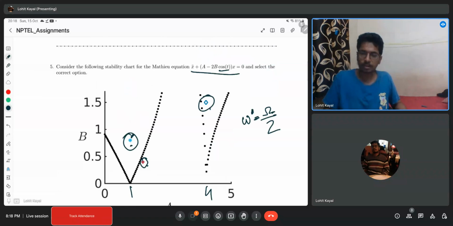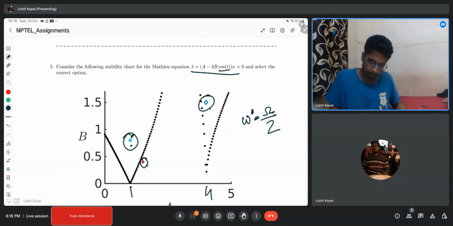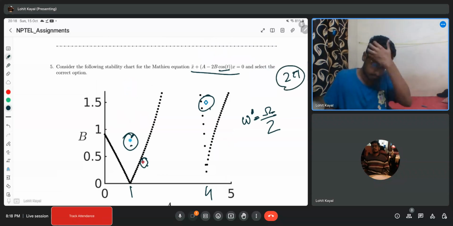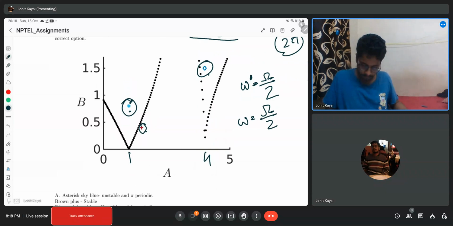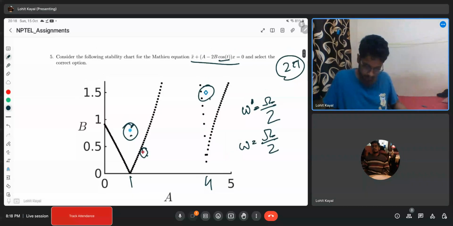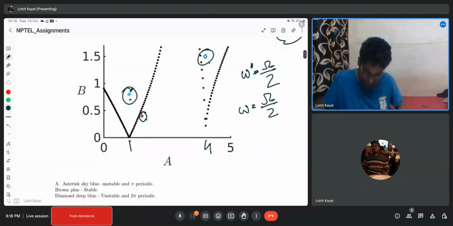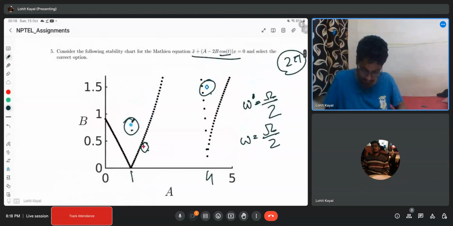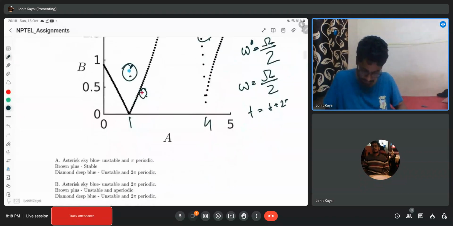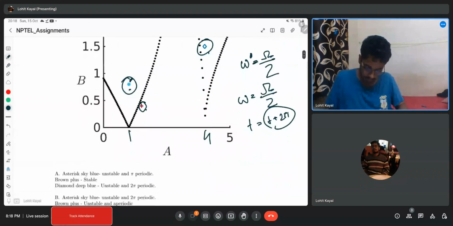Here the solution is 2b cos t, so your period is 2 pi when omega equals omega by 2.